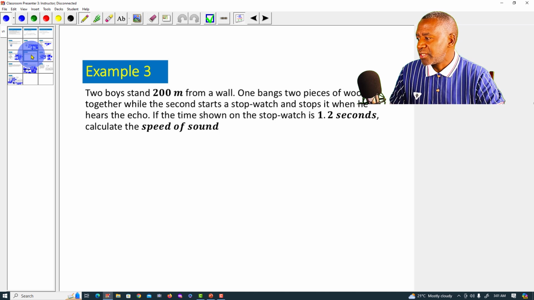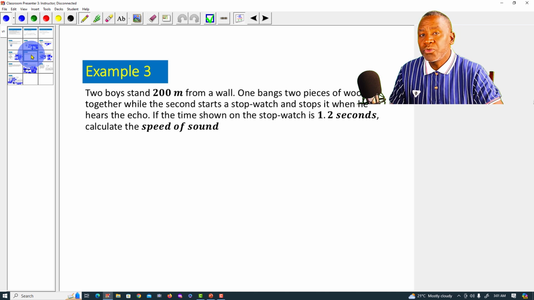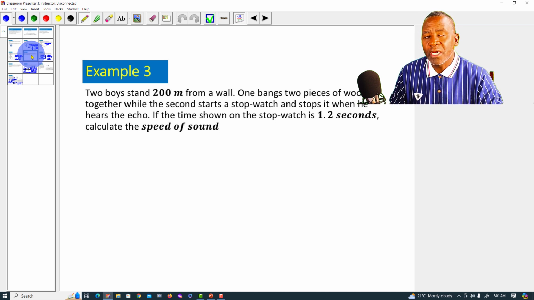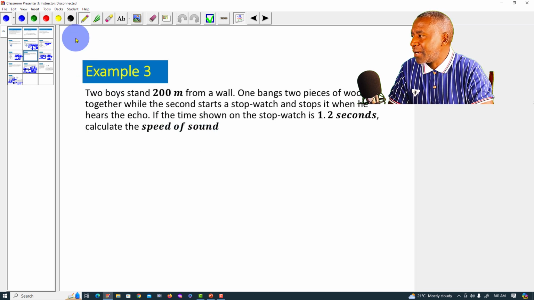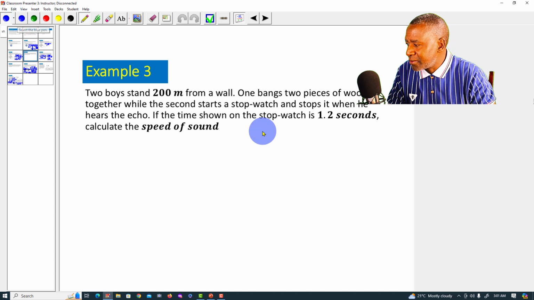This question is about one of the methods that we can use to determine the speed of sound. It's called the clap and echo method. How does the clap and echo method work? This is how it works.